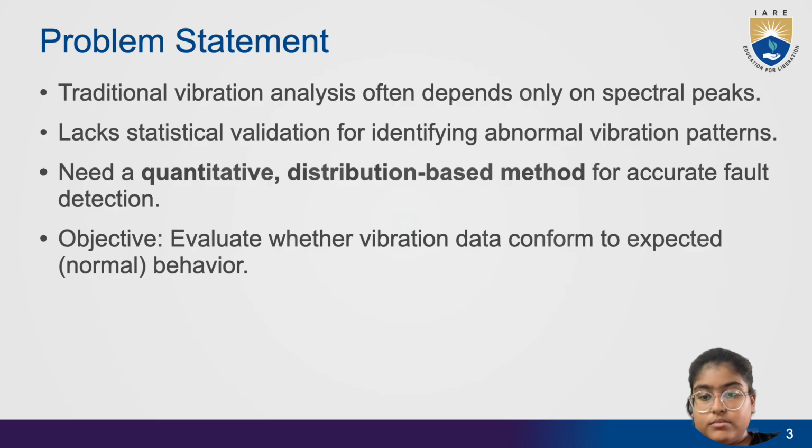So, there is a need for a statistical method that can verify whether vibration data follows a predictable distribution. In other words, we want to determine if the vibration pattern is still behaving normally or if it has shifted due to a mechanical fault. Using the chi square goodness of fit test allows us to make this distinction based on data and probability rather than guesswork.